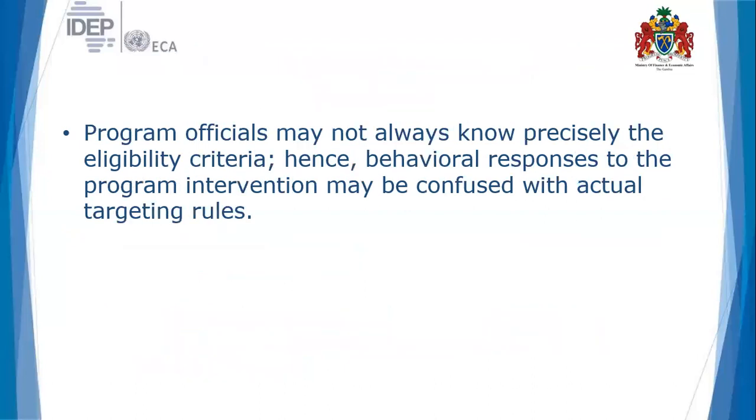And lastly, program officials may not always know exactly the eligibility criteria. As a result, behavioral responses to the program intervention may be confused or taken as actual targeting rules. These are some of the drawbacks of the regression discontinuity approach.